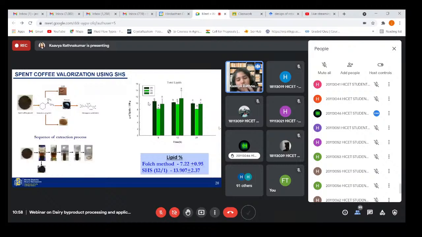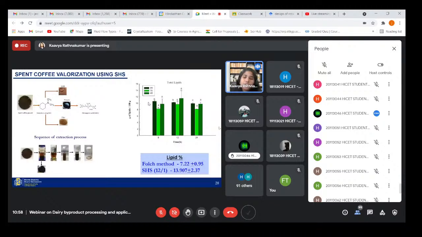Not only oils, we obtained different components: oils, phenols, chlorogenic acids, fibers. From a single extraction step, we were able to obtain three different byproducts, and further this solvent can be reused for multiple other extraction processes.